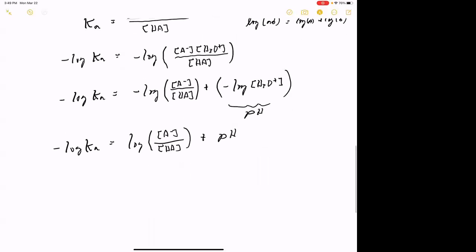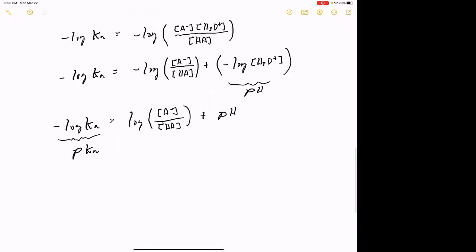What is another name for negative log of Ka? You're close. What do we call the negative log of the hydronium ion concentration? We called it pH. So if you have a negative log of a Ka, what do you call that? pKa. Remember, when you see the negative log, that means P, or P means a negative log.